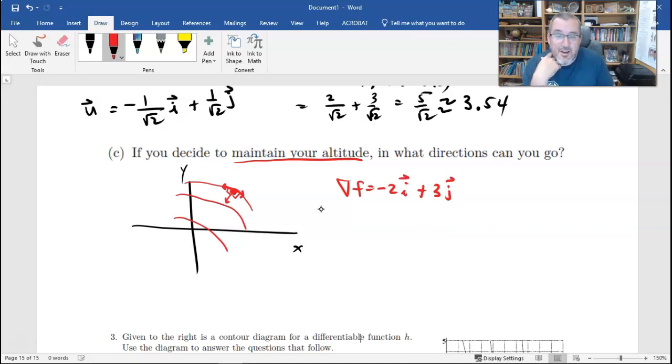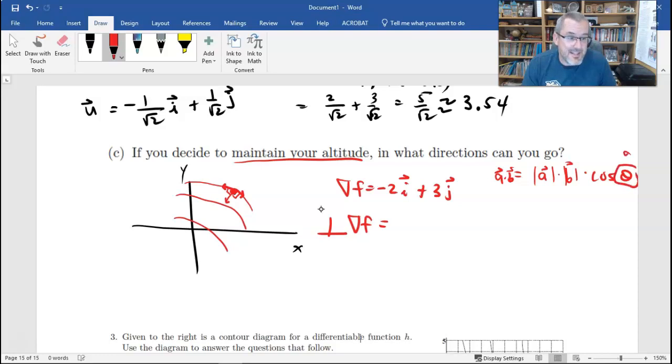Now, see if you recall this: the dot product between two vectors, let me just make them up, vector A and vector B, was found by taking the magnitude of the one, the magnitude of the other, times the cosine of the angle in between. Well, if the angle in between is 90 degrees, the cosine of 90 is 0. So this whole thing gets wiped out to 0. If the dot product is 0, you've got yourself some perpendicular vectors.